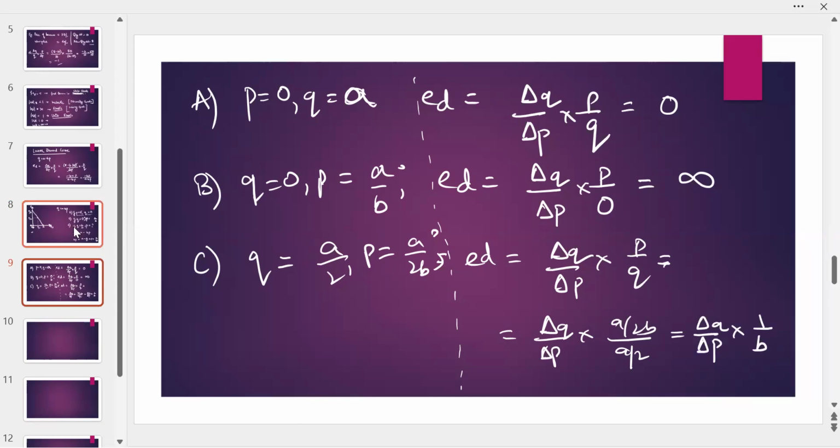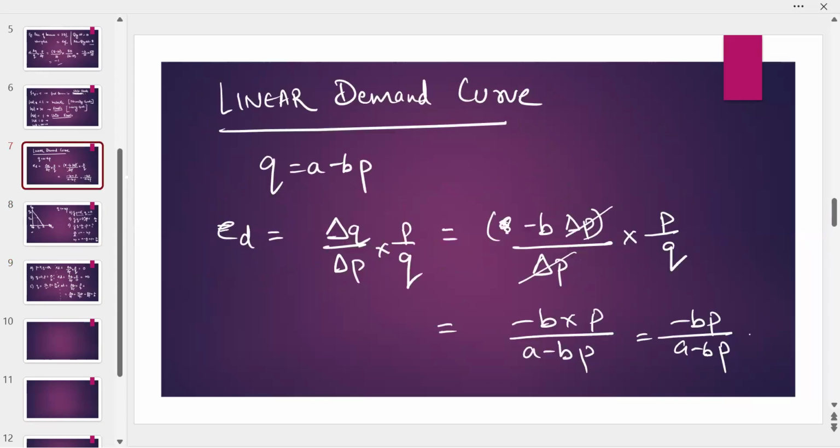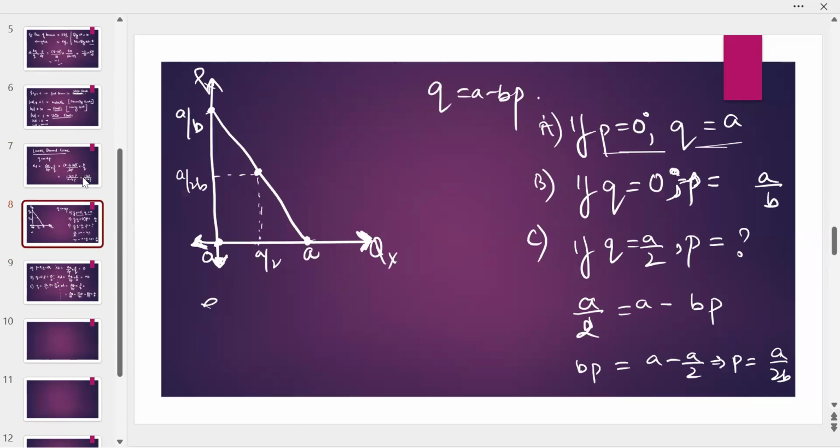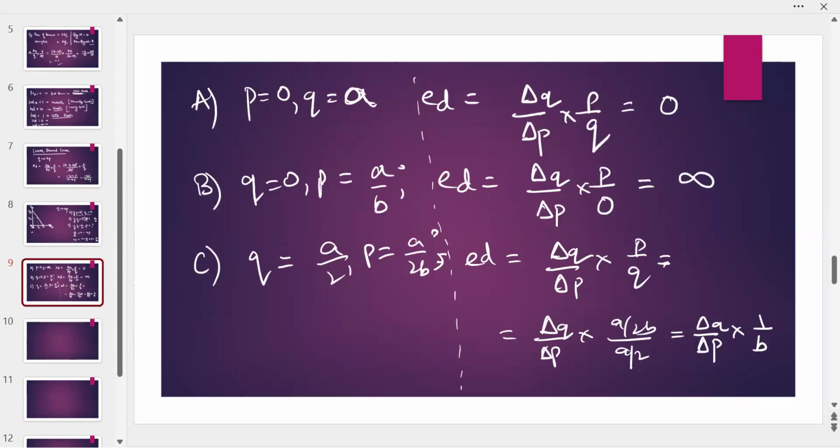And what is del Q? Del Q is minus B del P, so it would be minus B del P upon del P into 1 by B. Del P cancels, and B also cancels out, so it turns out minus 1. So the absolute value of elasticity of demand is 1.